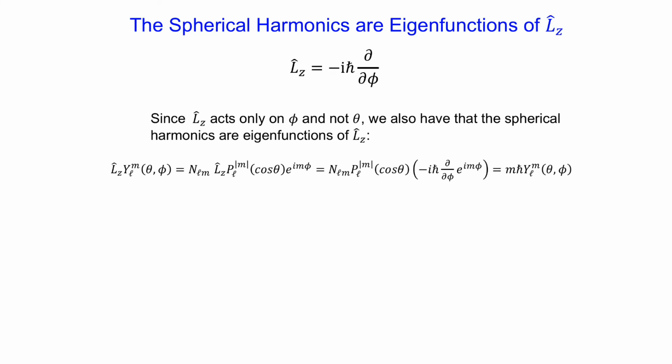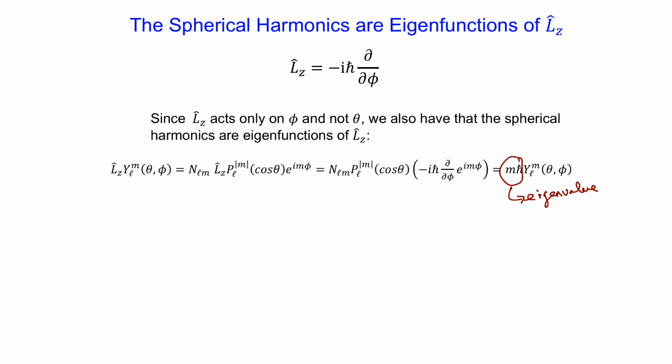And then we get out, once again, if you take a minute to evaluate that, remember we just did that in our previous exercises, we get out our eigenvalue again of m h bar.